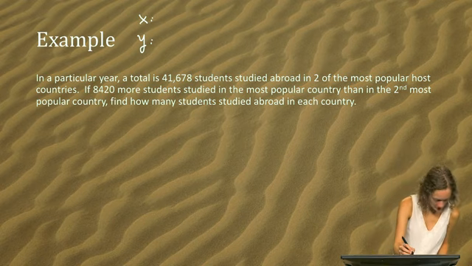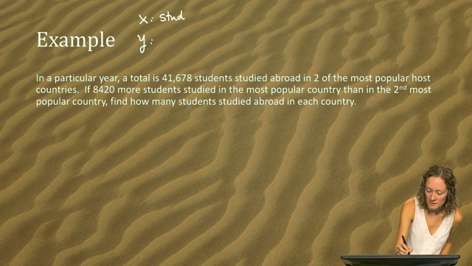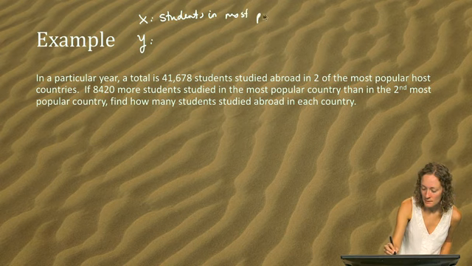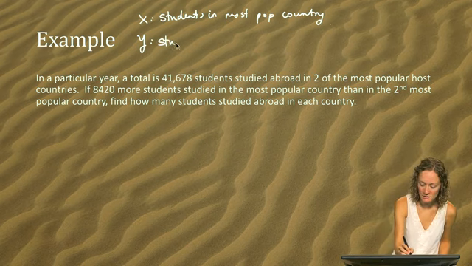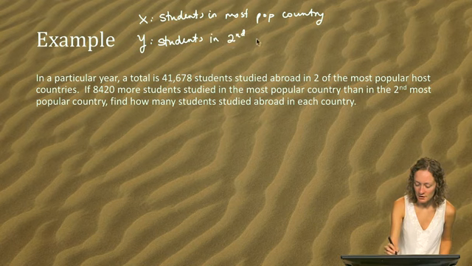In the most popular, so let's say this is the students in most popular country. And then that would make Y the number of students in the second most popular country.